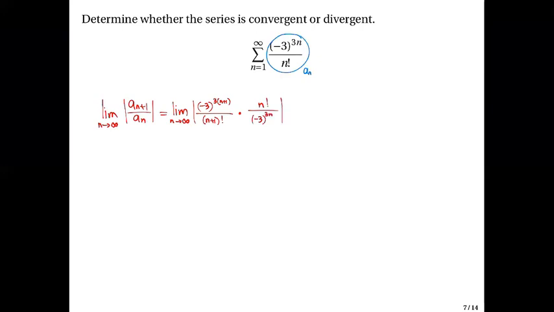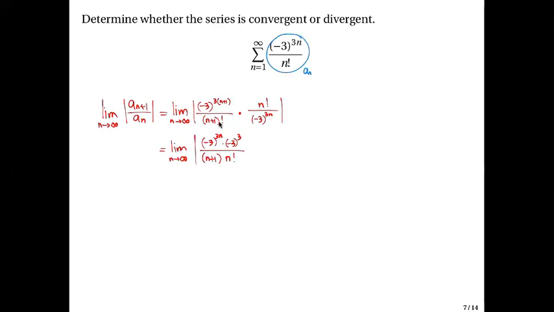Then close the absolute value, and write again the limit as n approaches plus infinity. Let us expand this. We distribute the 3 over n plus 1 and separate (-3)^(3n) and (-3)^3. So you will have (-3)^(3n) times (-3)^3, and in the denominator, we will have n plus 1 times n factorial.